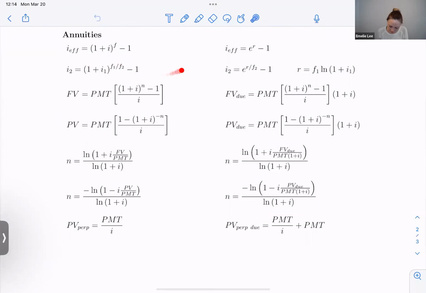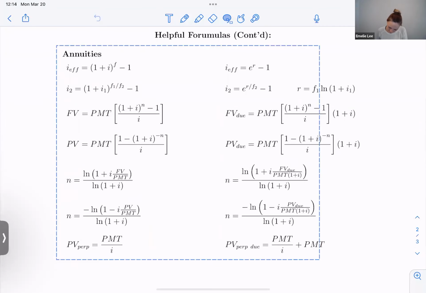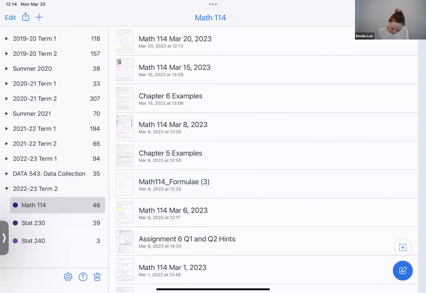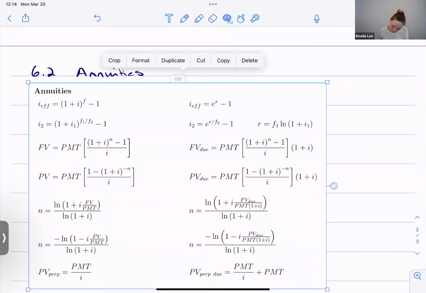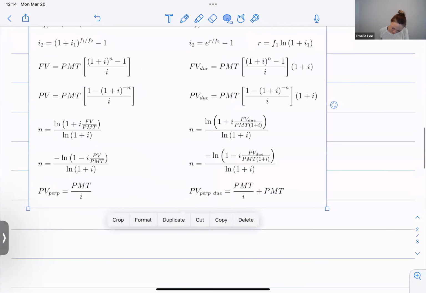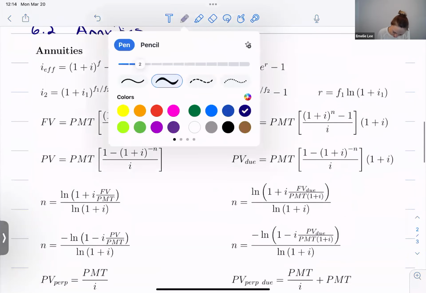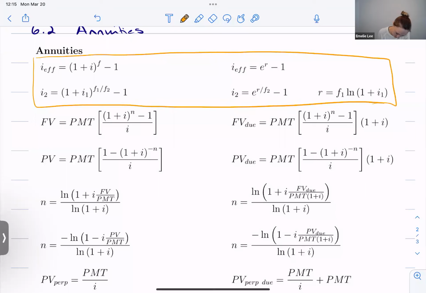So we've already introduced all these formulas here. So let's see here. We talked about these guys already, right? These were in section 6.1. Okay.